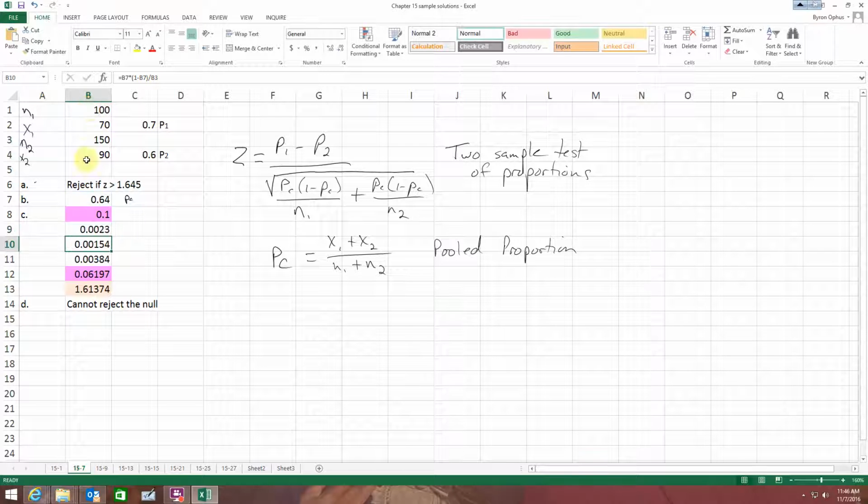And then I do the same thing for the second part, right? Then I come up with 0.00154, and I got to add those two together before I take the square root. So simply this is equal to this plus this one, and then I take the square root, right? Because that's what I got to do. So it's just the square root of that, and you guys have seen me do the square root.